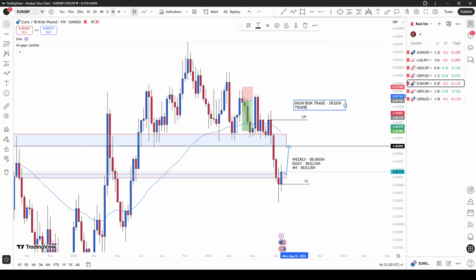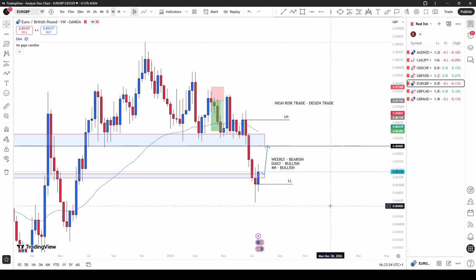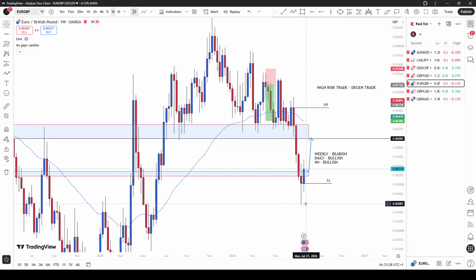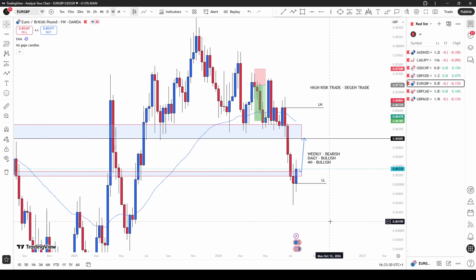I'm actually trading against the trend. Let me show you what I mean. You see on the weekly time frame we are clearly bearish. This is the lower low and this is the lower high. So I want to trade the pullback to this area of interest, then wait for rejection to sell.